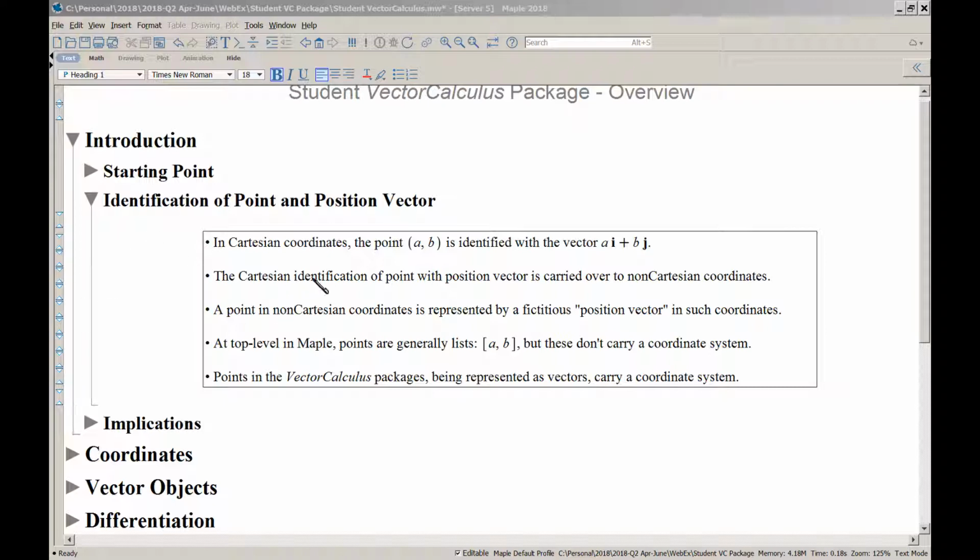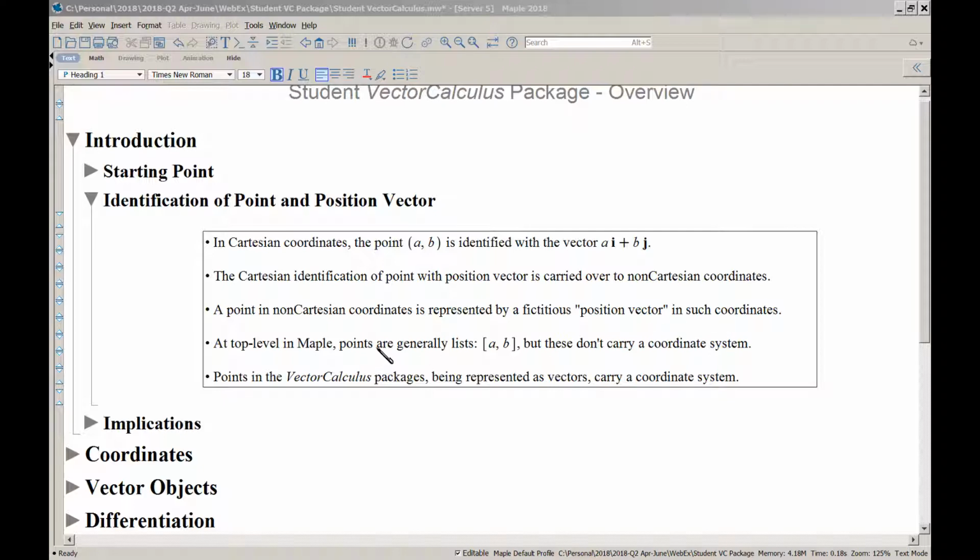But in this package, that identification of a point with a position vector is carried over to non-Cartesian coordinates. But to do that, you have to invent a fictitious position vector in non-Cartesian coordinates.